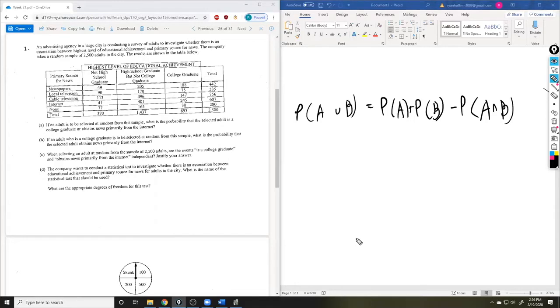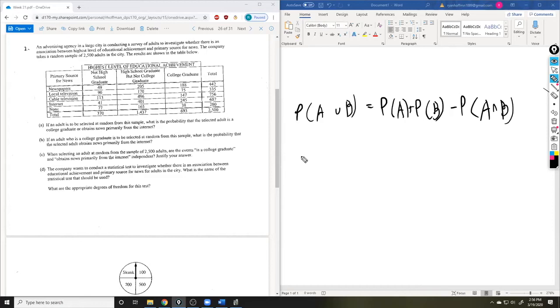So the people who are in both categories, that get their source from the internet and other graduates, are being double counted if you just add them together.